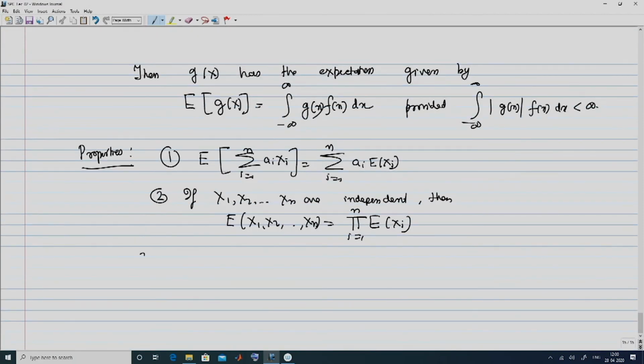The third property is variance of X is E of X square minus E of X whole square.